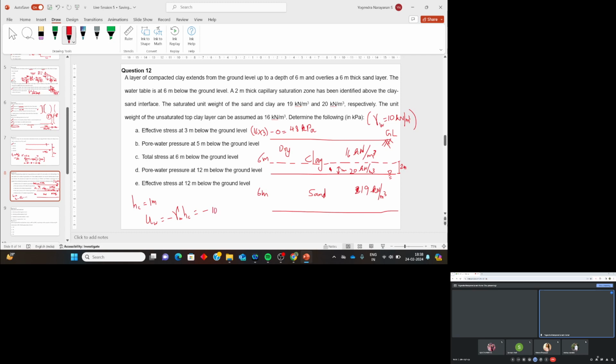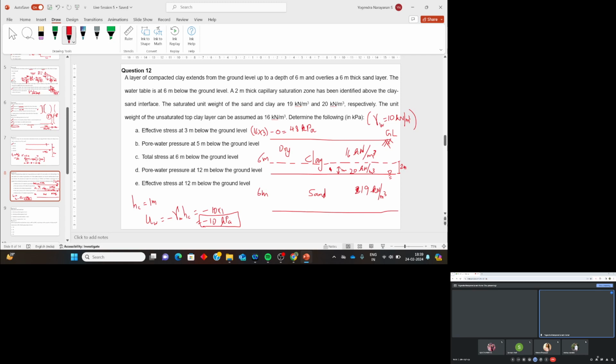So 10 into 1 will be minus 10 kPa. Please note, if capillary problems are there, please do not fail to write the sign convention, or if you are not writing the sign convention, please denote in brackets whether it is compression or tension.